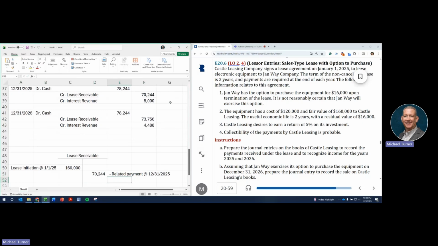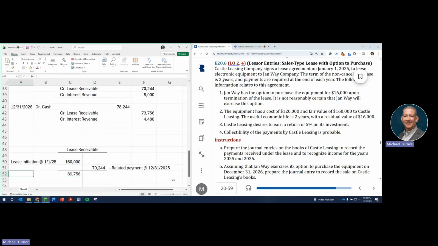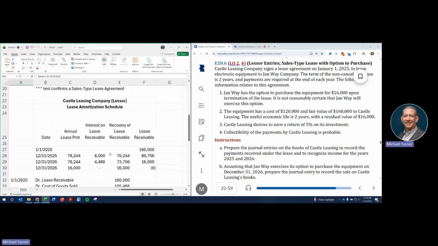A portion of that payment went to interest, $8,000, and the remaining amount, $70,244, reduces the lease receivable. So our lease receivable balance at the end of 2025 is $89,756. So this is the balance at 12/31/2025. And we can confirm that off of our schedule we did earlier, $89,756.